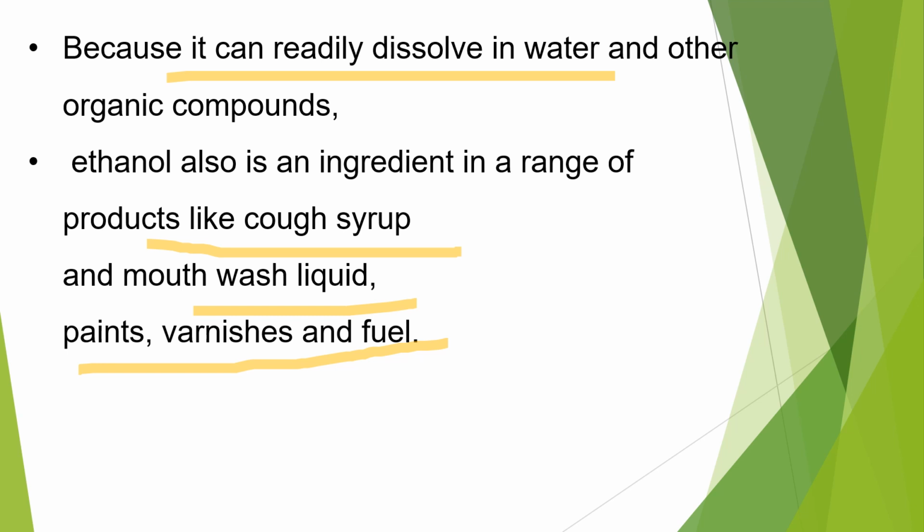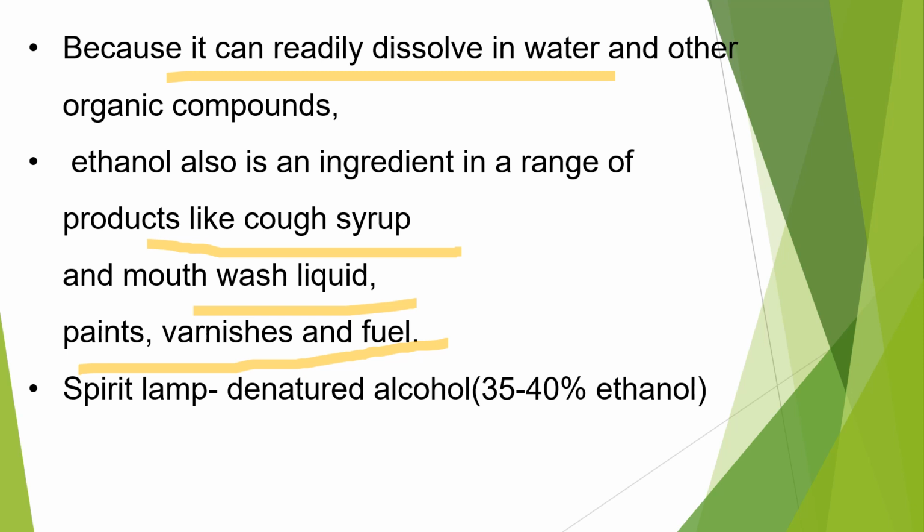When I say fuel, I hope you have all used a spirit lamp in your botany or zoology laboratory whenever you are preparing a slide, isn't it? That spirit is nothing but denatured alcohol, which contains 35 to 40% ethyl alcohol. Now what do you mean by denatured alcohol? Denatured alcohol is a form of alcohol.